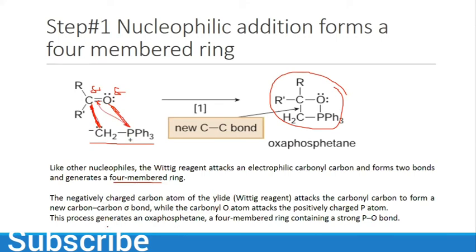This process generates an oxaphosphetane, a four-member ring containing a strong P-O bond. This bond is very strong because oxygen is an electronegative atom and it attaches with phosphorus. So now it makes a four-member ring, and this carbon-carbon bond is the new bond.